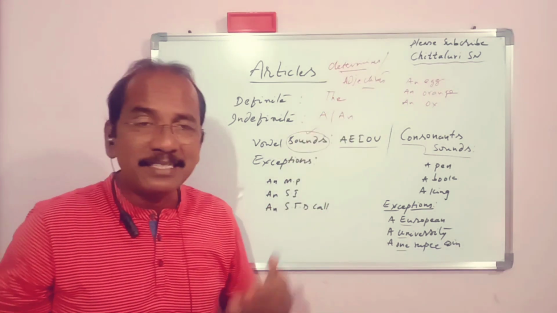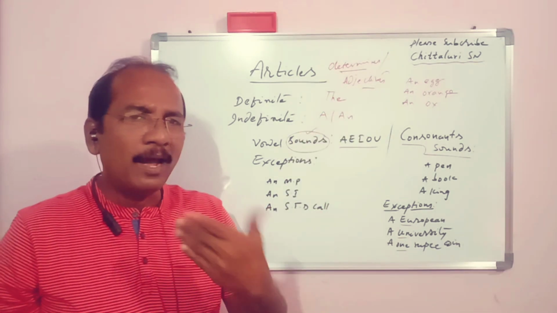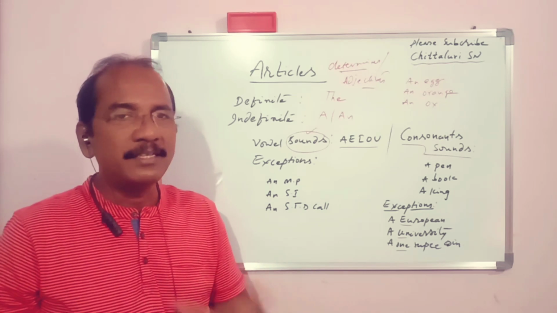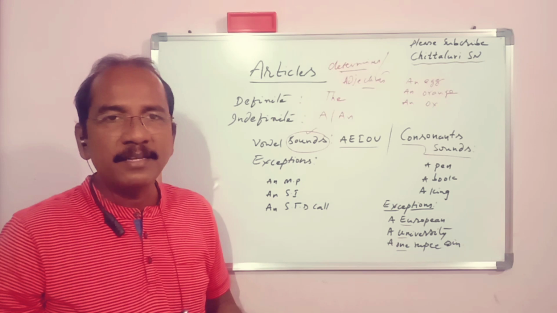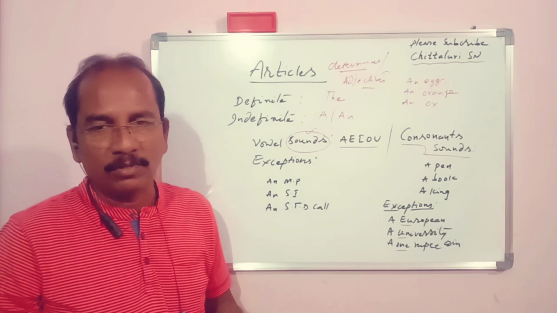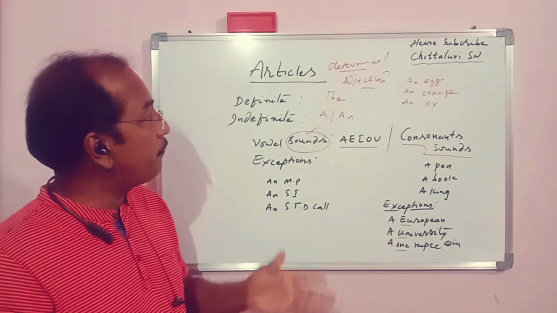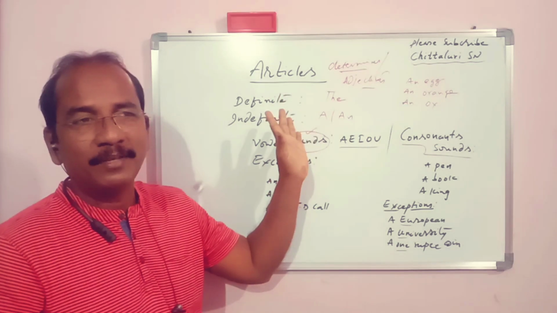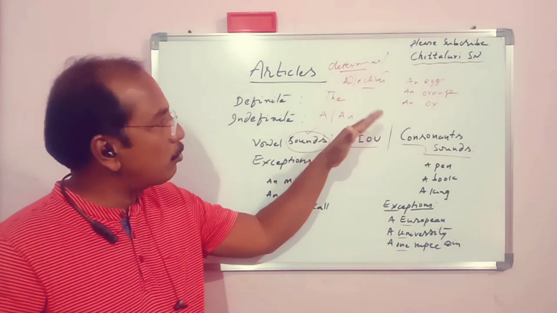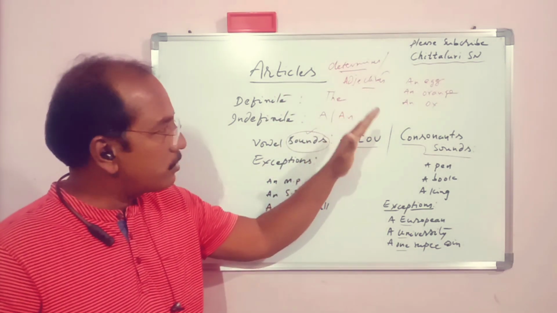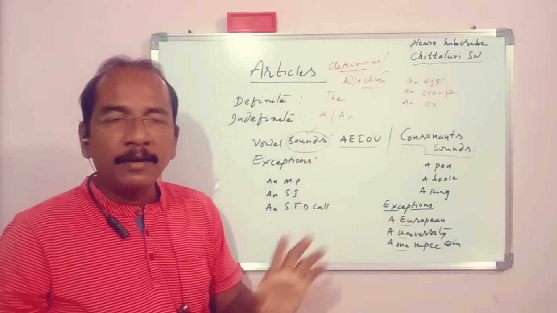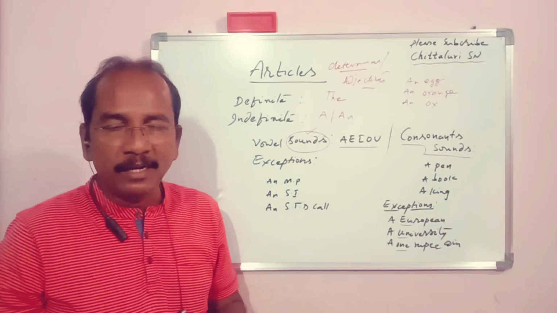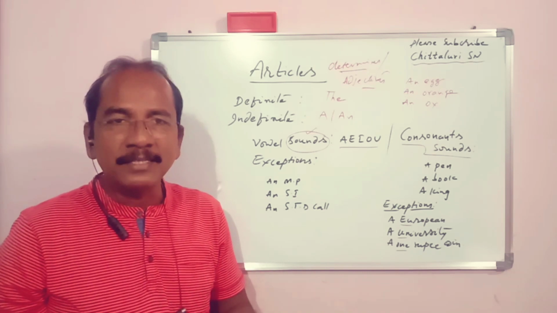You already have an idea of what an adjective is. An adjective is a word that qualifies or modifies a noun. The job of articles is also the same. Articles play the same role as adjectives, that's why we also call articles adjectives.